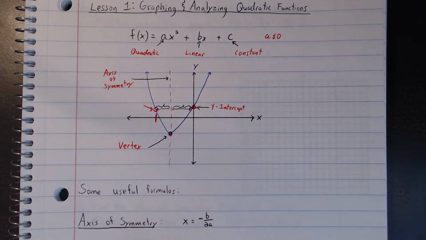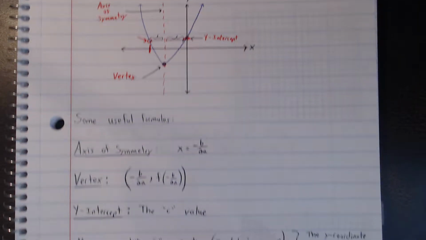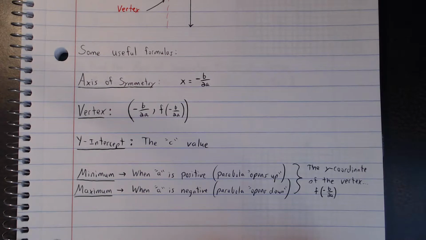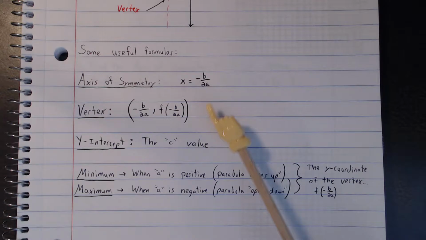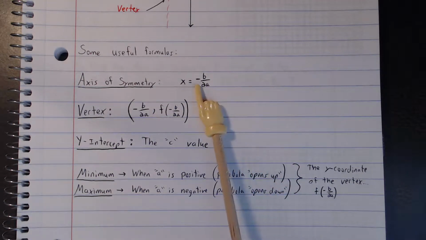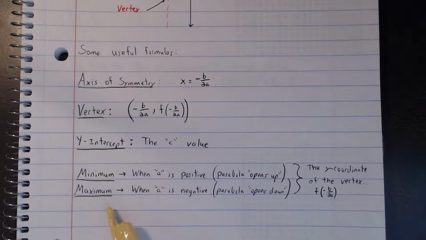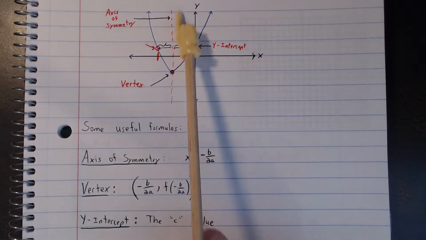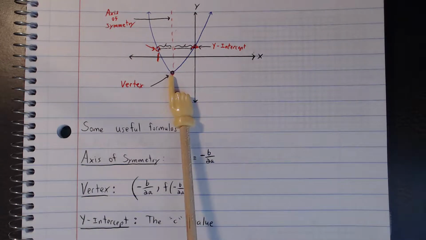Let's take a look at a couple of useful formulas that we're going to want to know. Write these down somewhere because we're going to be referring to them throughout this lesson. First, the axis of symmetry itself. We're going to find that by taking the b value, dividing it by twice the a value, and then multiplying it by -1. The vertex, as you noticed in our image before, the axis of symmetry runs through the vertex.